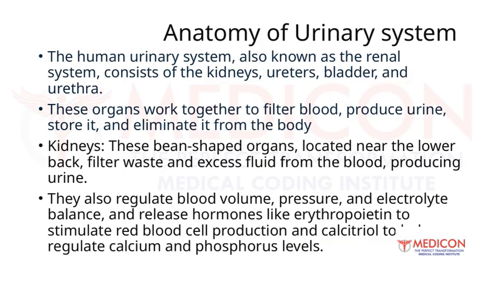Additionally, the kidneys produce important hormones. For example, erythropoietin, which stimulates the production of red blood cells, and calcitriol, which helps regulate calcium and phosphorus levels. Understanding these functions highlights how integral the kidneys are, not only in waste removal, but also in maintaining overall systemic balance, tying directly into our broader discussion on how the body keeps itself in equilibrium.